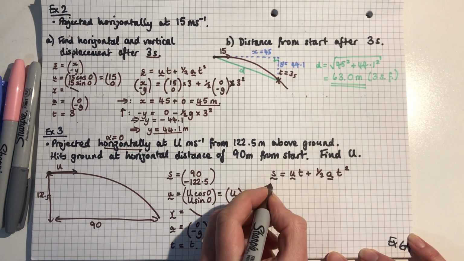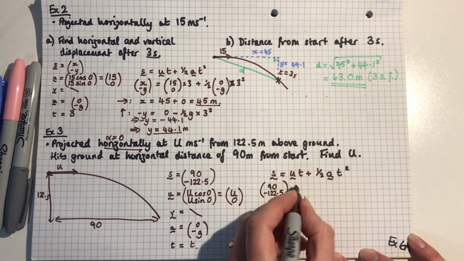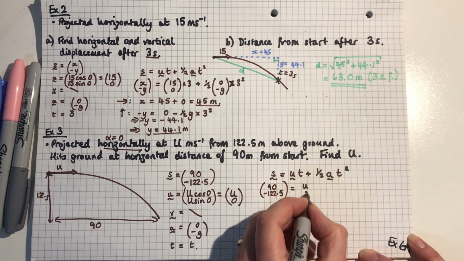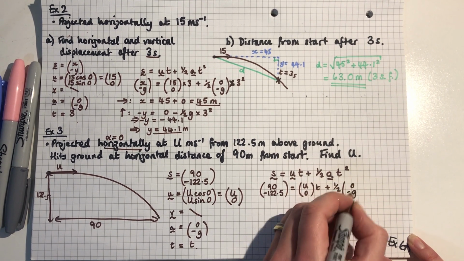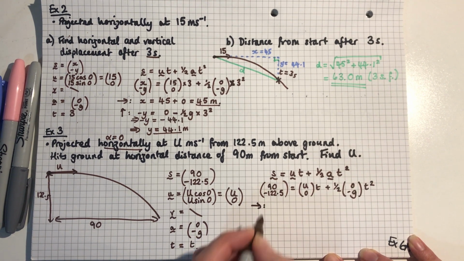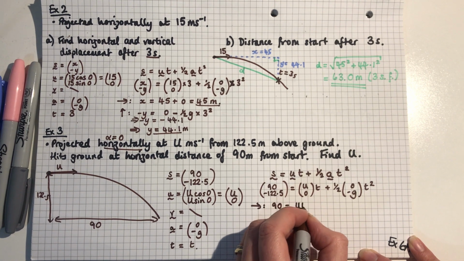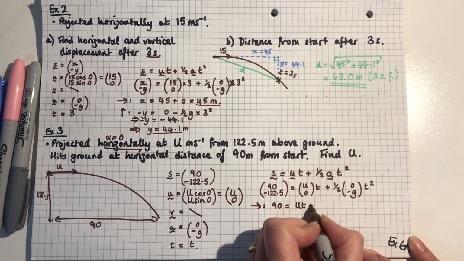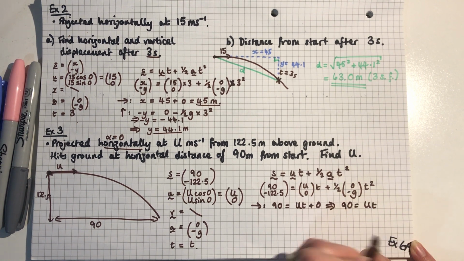So plug in what we know. Write out our horizontal equation. We've got a plus 0 there, so that's just 90 equals ut.